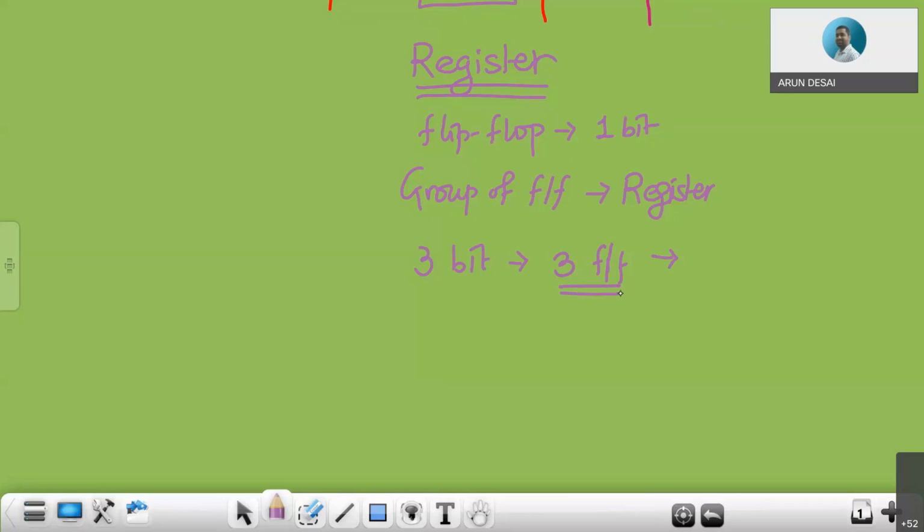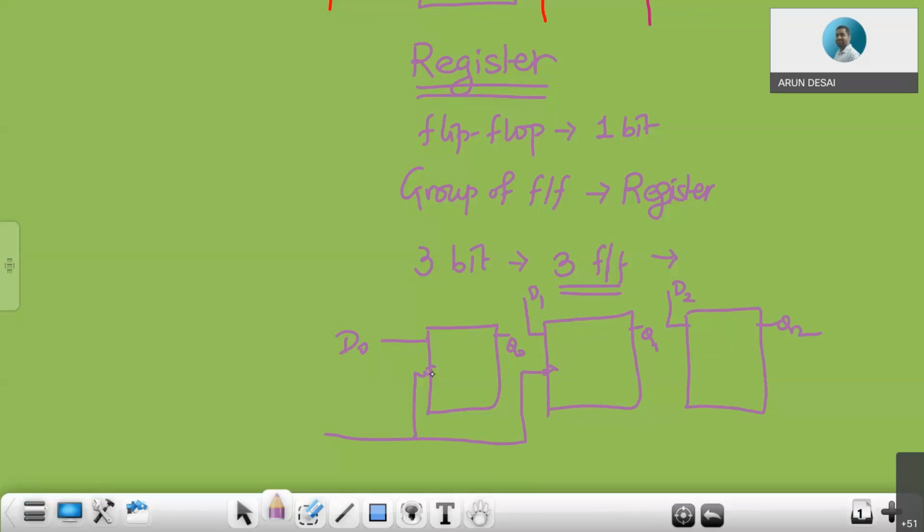Say suppose this is my flip flop and this is the input, or you can say the data input. Then this is the output. Those are D2, D1, D0, and Q0, Q1, and Q2 in the flip flop arrangement. Then how to assign a clock?